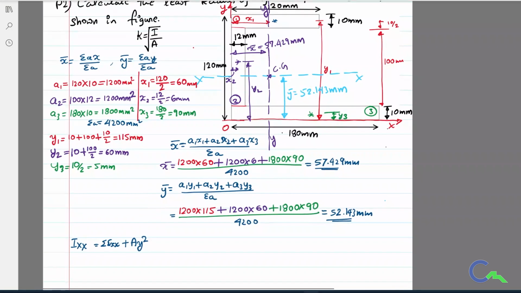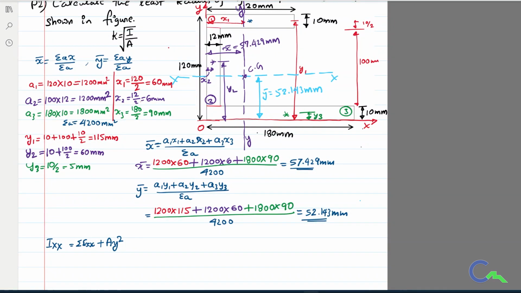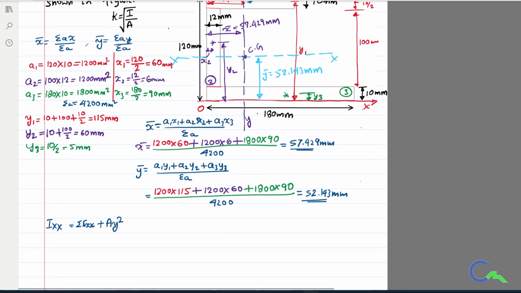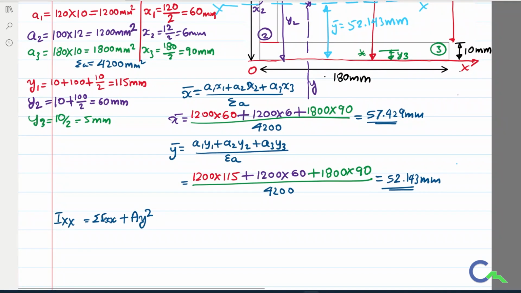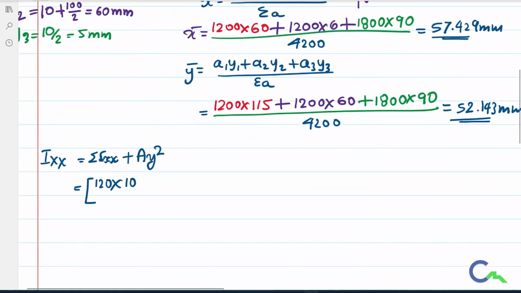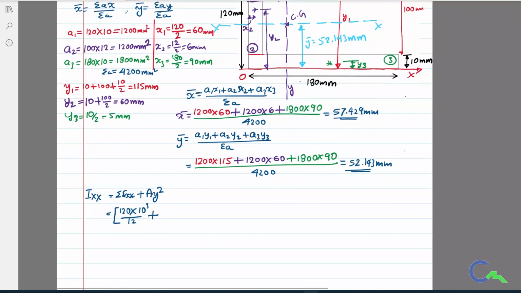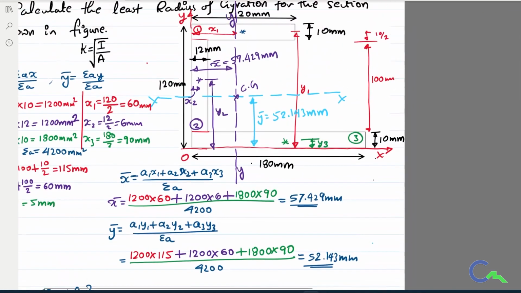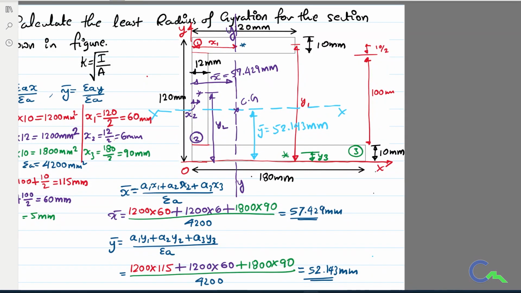For the first figure, that is the rectangle, B value is 120 and D value is 10 mm. Therefore, BD cube by 12 plus the area of the first figure we already calculated, that is 1200, into the distance. What I want is the distance from the centroid of the first figure to the reference axis.